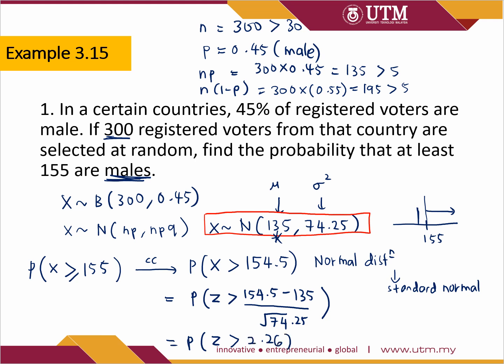So z greater than 2.26 would be on this side. This one is 0, so 2.26 will be here. So you need to use the table. Find 2.26 and 1 minus the area, and you will get 0.0119. Okay, so that's how you solve the binomial distribution using the normal approximation.